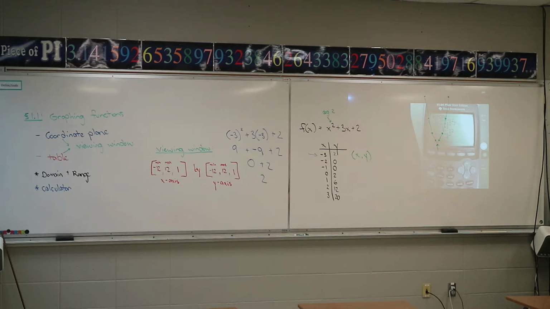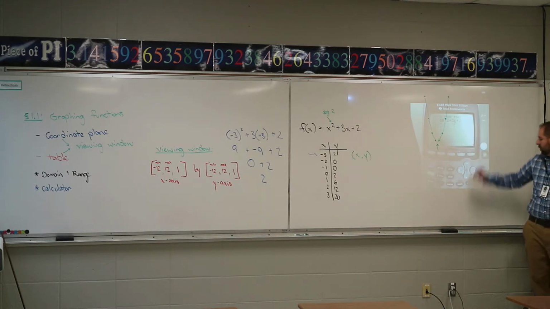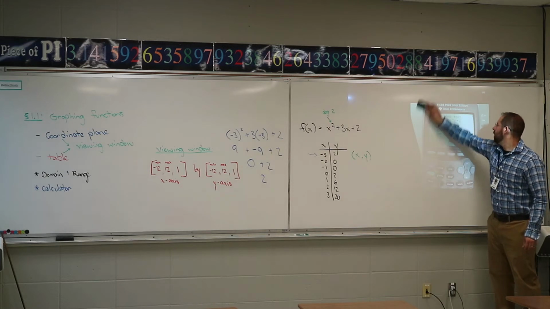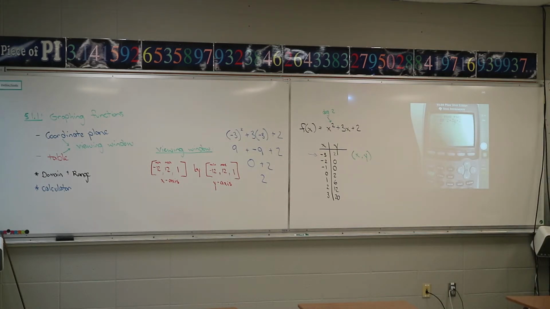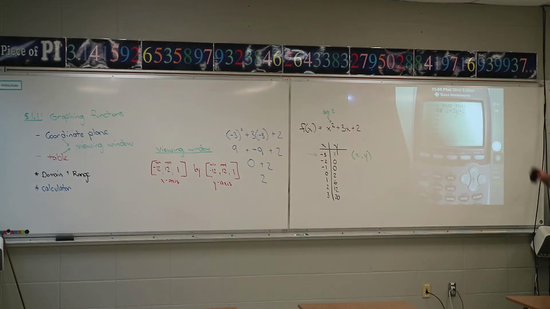Now to graph in a calculator, you just hit the graph button. But before I hit the graph button, you have to make sure that in your y functions, your graph is actually activated. You have to make sure the little box is darkened. If the box is not darkened, you won't see your actual graph.